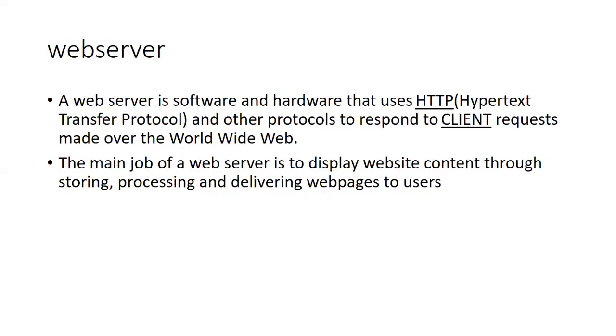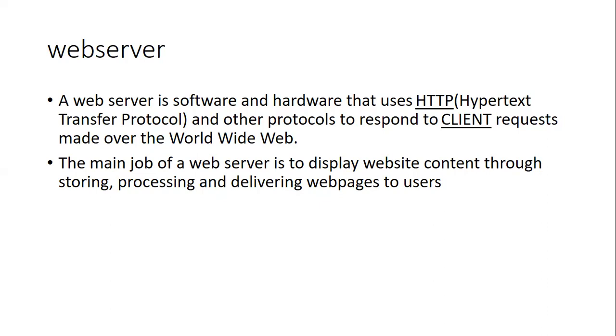And now we move on to the main content, that is a web server. What exactly is a web server? A web server is software and hardware that uses the HTTP protocol and other protocols to respond to client requests made over the World Wide Web. For example, when you open Chrome, you try to type www.some.org or something, or you type gmail.com.